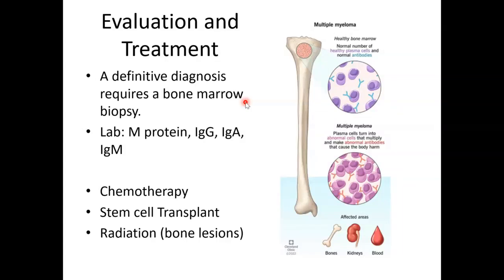A definitive diagnosis requires a bone marrow biopsy. We get some labs. We can draw for an M protein. We can draw for the IgG, the IgA, and the IgM. Remember those normal number of healthy plasma cells, those normal antibodies that the plasma cell makes. Healthy bone marrow has a normal number of healthy plasma cells and normal antibodies.